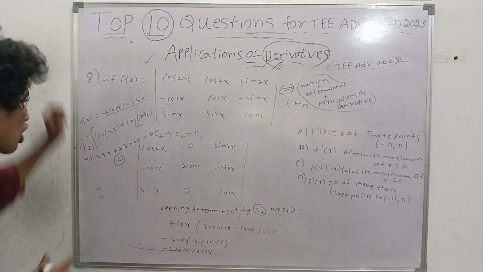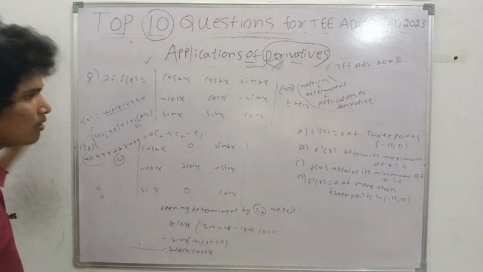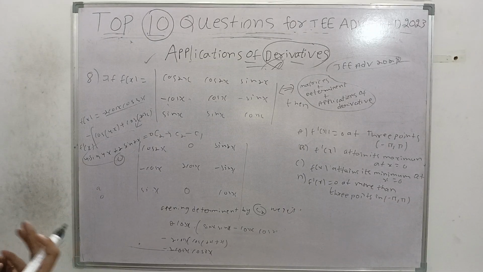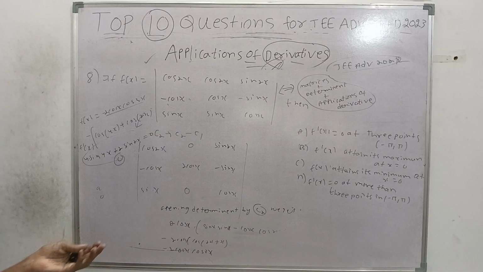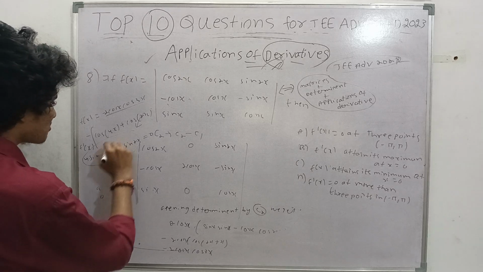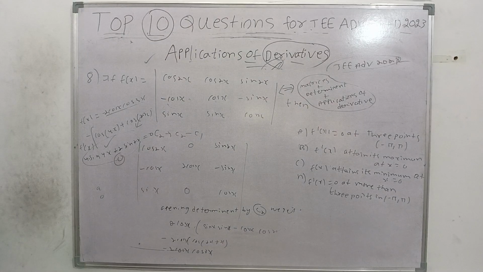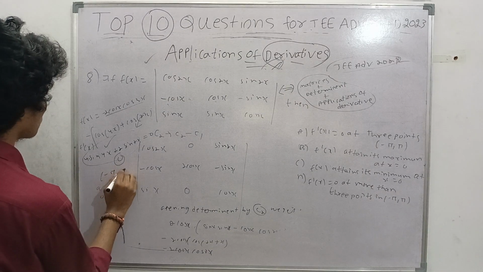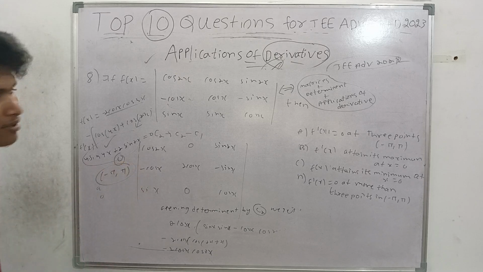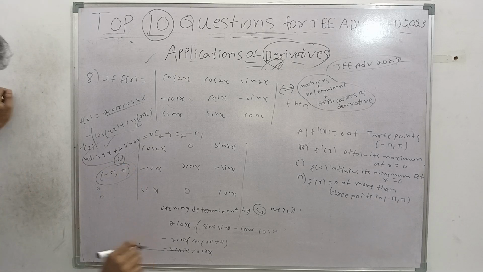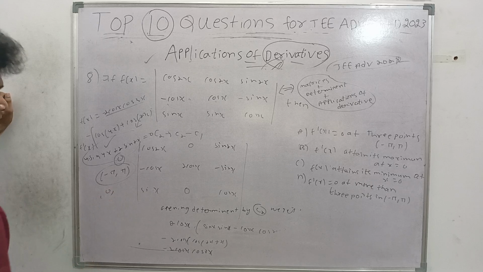And this f dash x, how many times is it equating to 0, that is how many roots are present in between minus pi to pi. One option is correct, that is 0, and another option is how many points f dash x equates to 0.